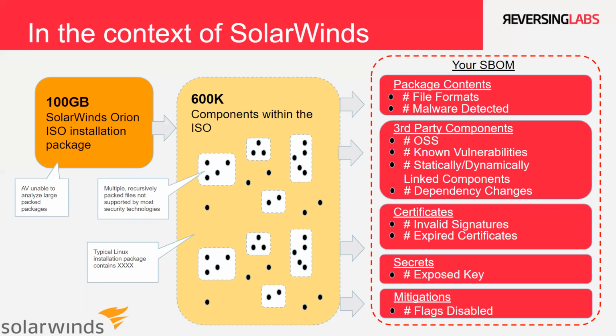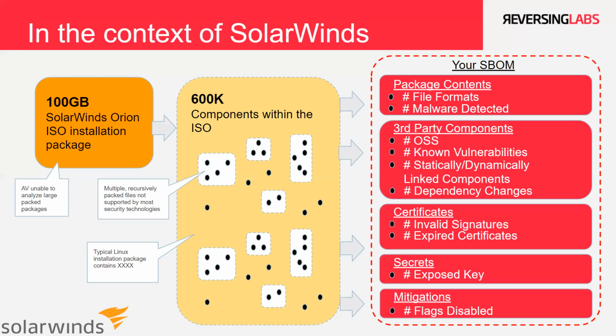Now, ideally, whether you're a builder producing a bill of materials or someone that's acquiring or purchasing the software, you would like to have a bill of materials, and ideally you would break it down so that you understand what sort of files exist.